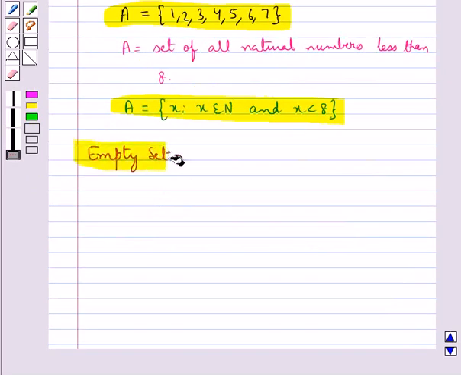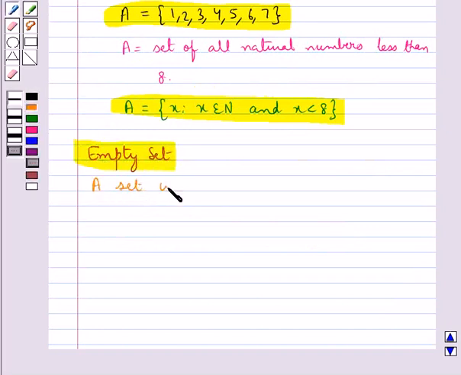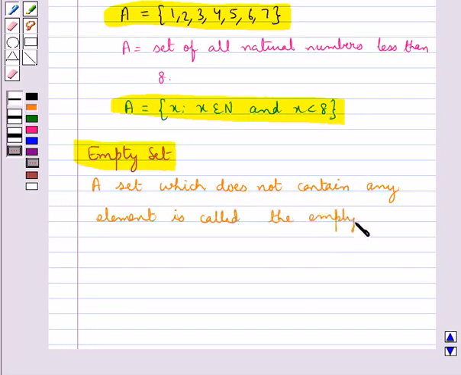Next we have the empty set. A set which does not contain any element is called the empty set, or the null set, or the void set.